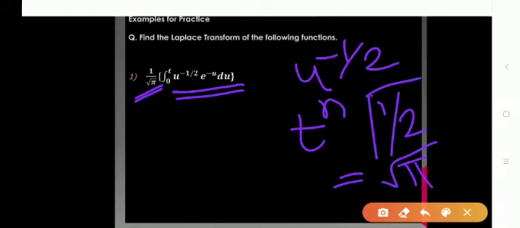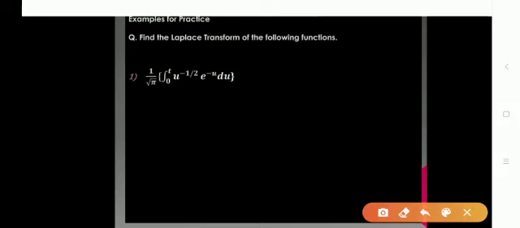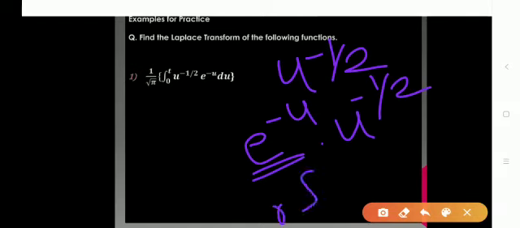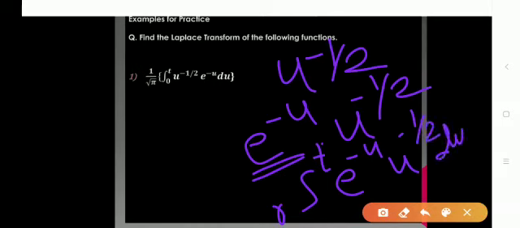After getting the result, first find the Laplace of u raised to minus 1 by 2, then apply the first shifting property to this result for the multiplication by the e raised to minus u term, then find the integration from 0 to t of e raised to minus u, u raised to minus 1 by 2 du result just by dividing the latest result by s.